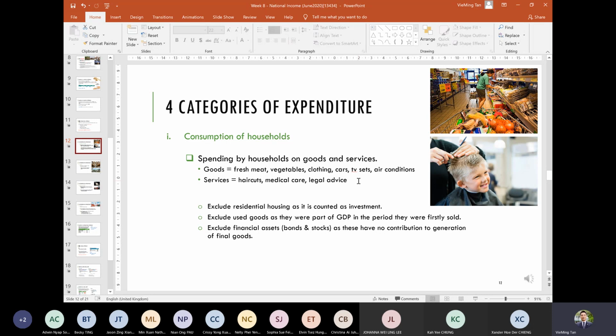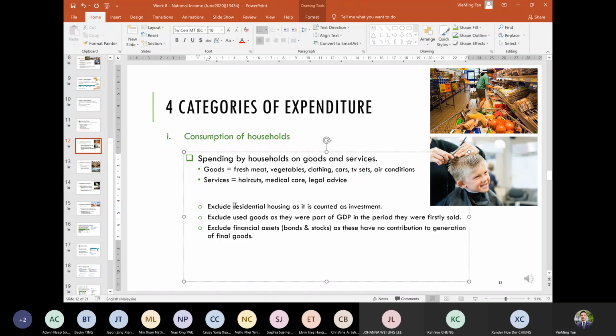Then what should not be included when we calculate the consumption of household? C should not include the purchases of housing for the purpose of investment.